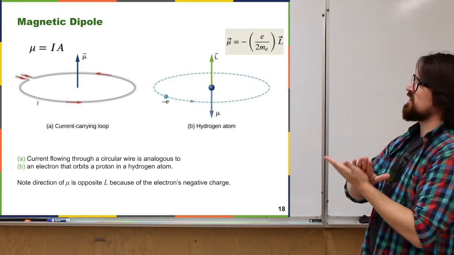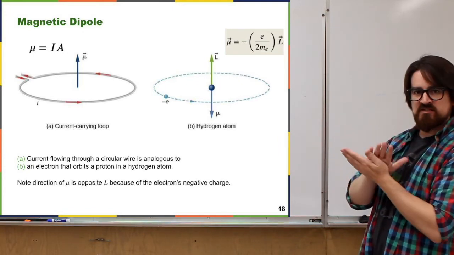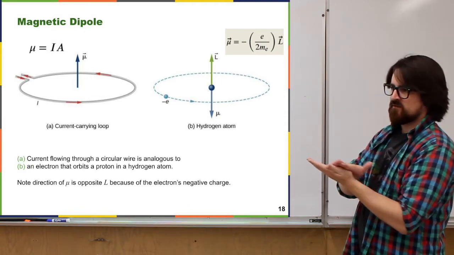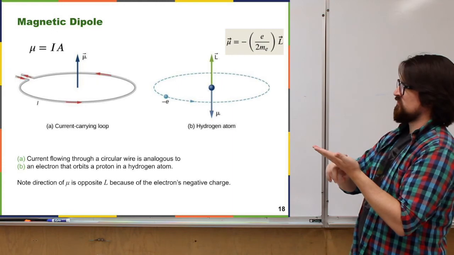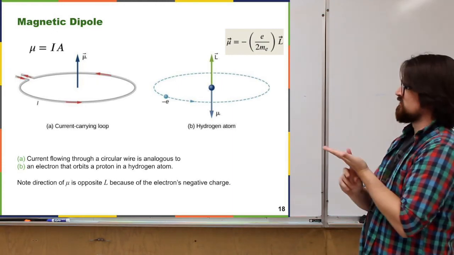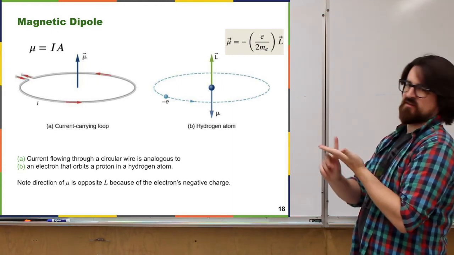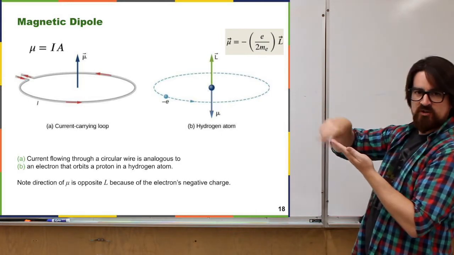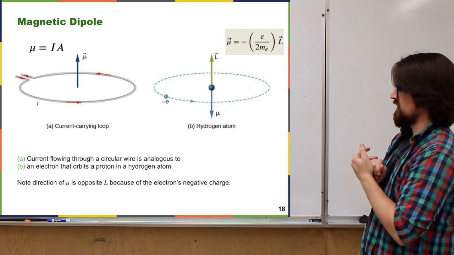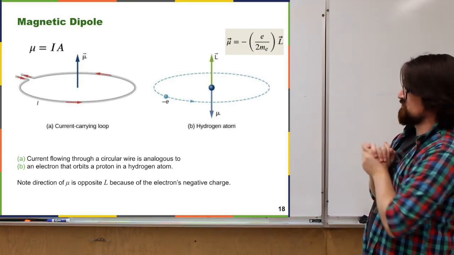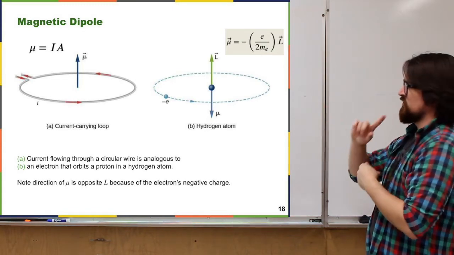So think back a little bit to magnetism. If you have a current flowing in a loop, then the magnetic moment, or the magnetic dipole, of that loop has to do with the current that's flowing and the area the loop encompasses. So if it's just a current-carrying loop of wire, that's what the picture looks like, and that current is positive.